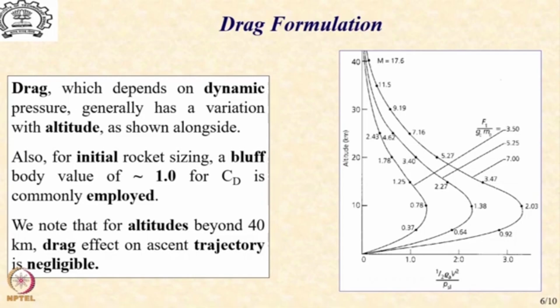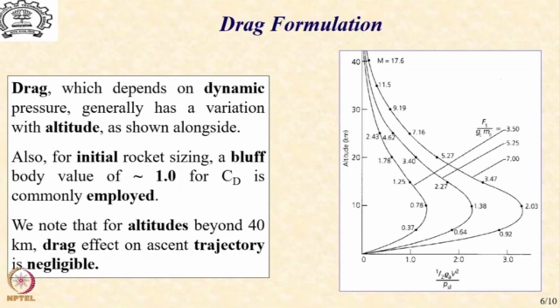And then we note that even though the actual atmosphere is ignored only beyond 75 km from aerodynamic drag calculations, maybe an altitude of about 40 km is considered adequate for considering drag to be absent beyond that altitude, so that the motion can be considered in vacuum.